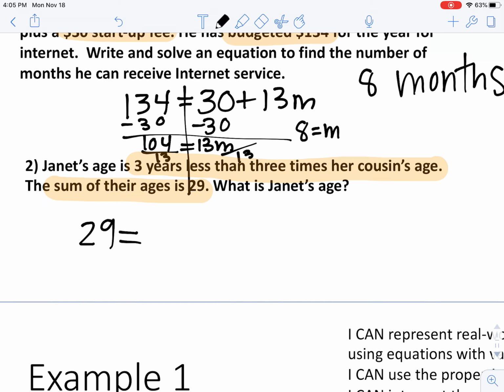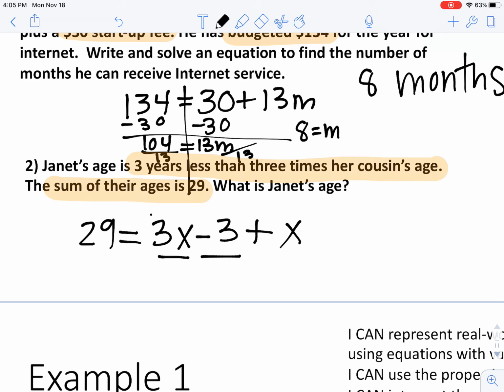Okay, we have 3 times her cousin's age, and it's 3 years less than that, and we're adding on Janet's age.